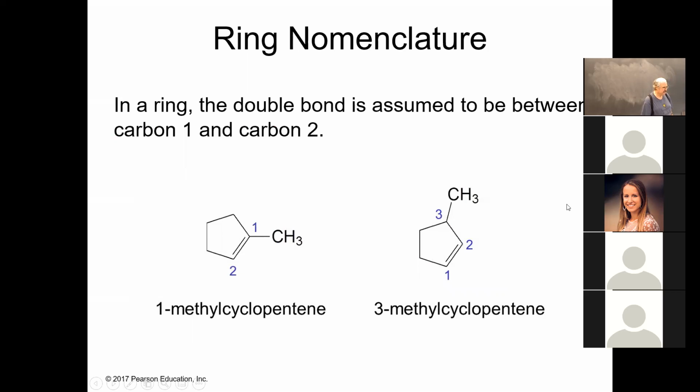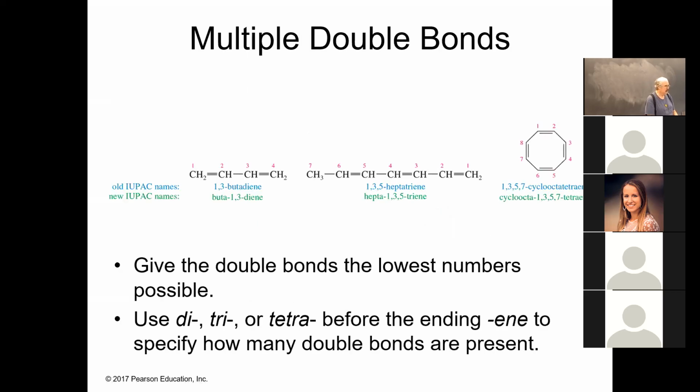If this carbon down here at the bottom is 1, then this is 2. We can't change directions. If we have 2 double bonds, that's a diene. If we have 3, it's a triene, and we need to locate each one.